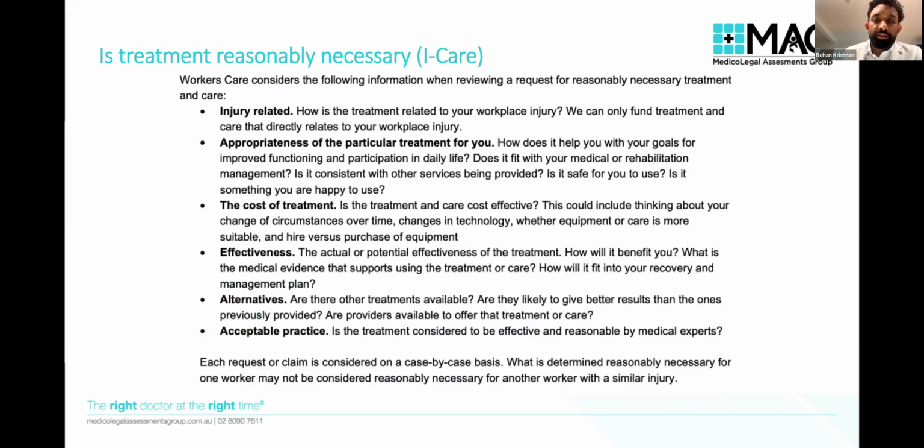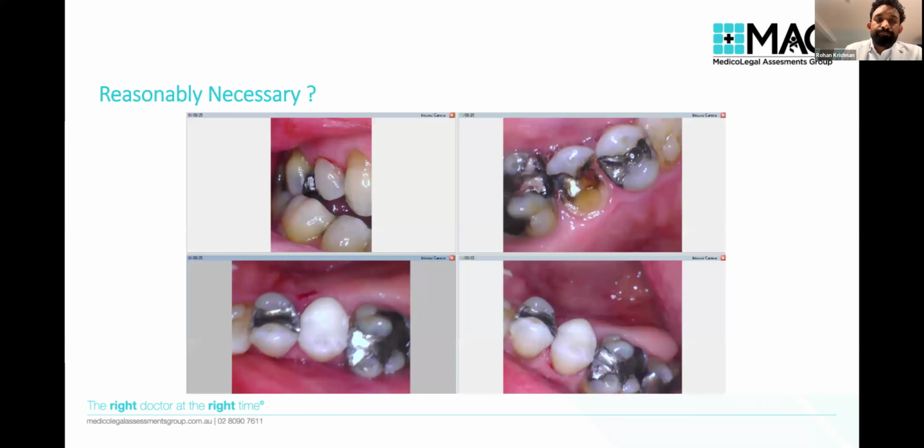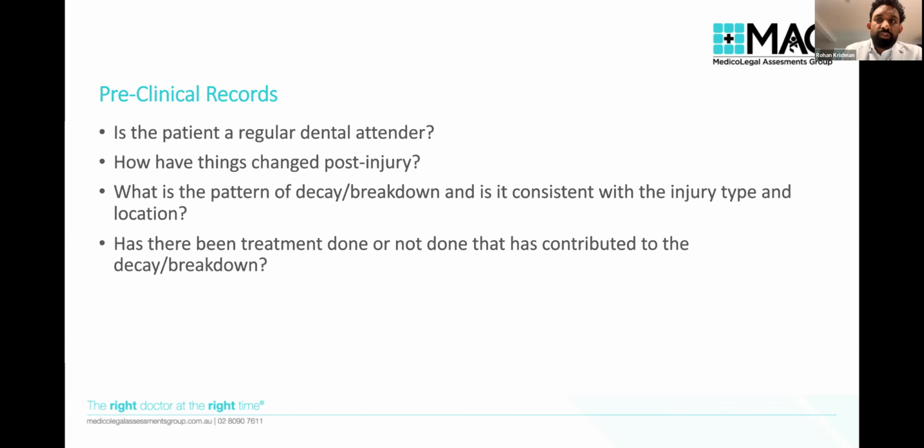And we talked about acceptable practice. We've gone through those. So preclinical records. Is the patient a regular dental attender? That's a really good clue for us, because we have a lot of people that come in who may not be regular dental attenders, and therefore we can look at their current state and make some valued judgments around whether their lack of dental care has led them to the breakdown or decay that we see in the mouth, or are they a regular dental attender?